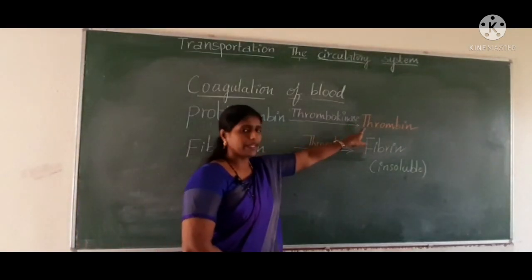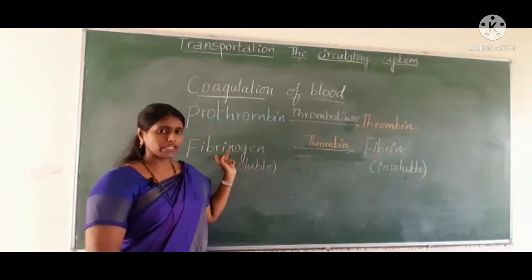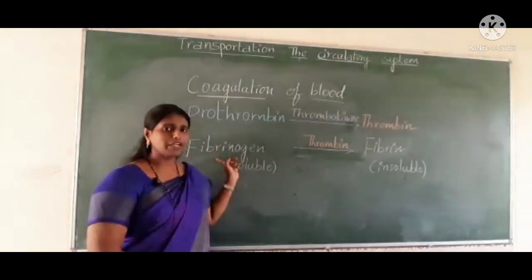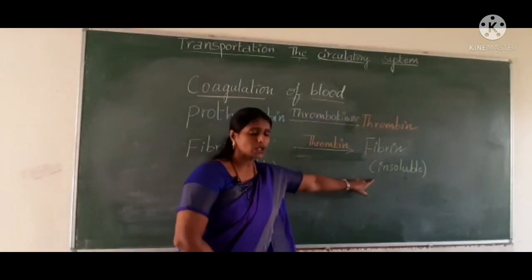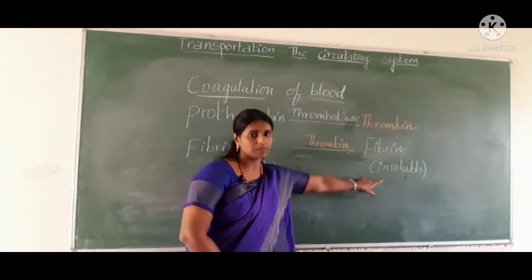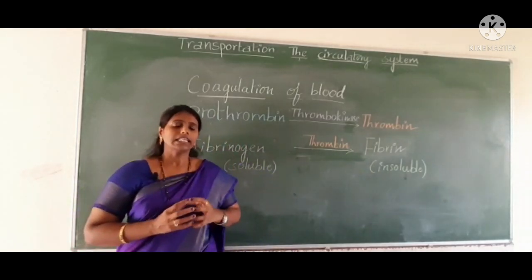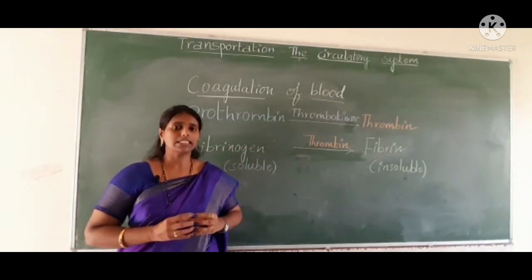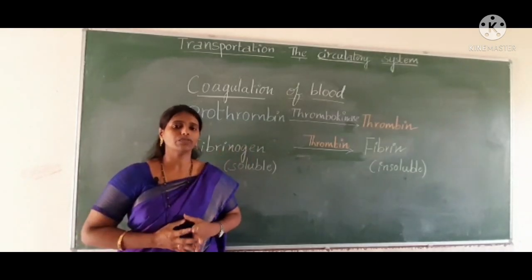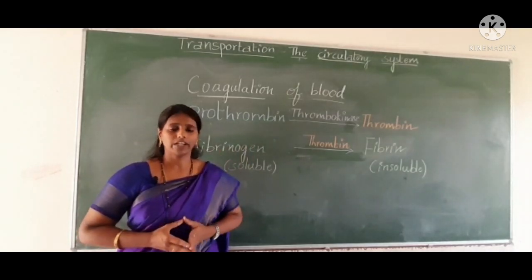Now this thrombin acts on the fibrinogen and converts it into insoluble fibrin form. These fibrin particles trap the blood cells and pull the edges of the wound during the coagulation process.